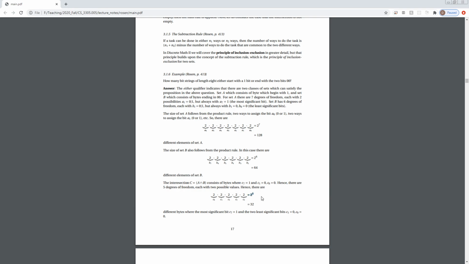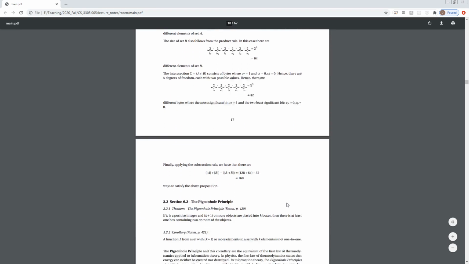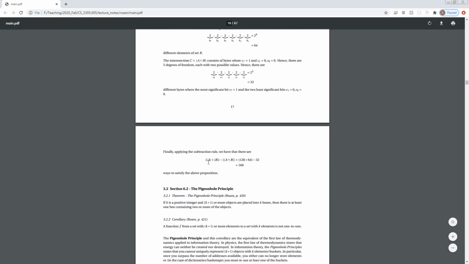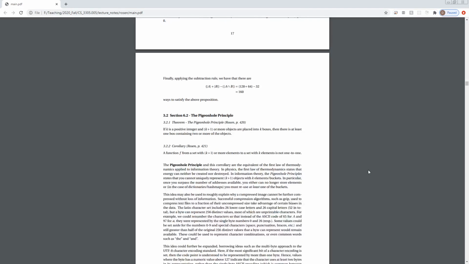That means there are 2 to the 5, or 32, outcomes in the intersection which satisfy both of our conditions: it starts with a 1 and ends in 2 zeros. So using our subtraction rule, it's the size of set A plus the size of set B minus the intersection of the two. We add them together, we get 192, minus 32, and that's 160. Right, so that's the application of the subtraction rule.